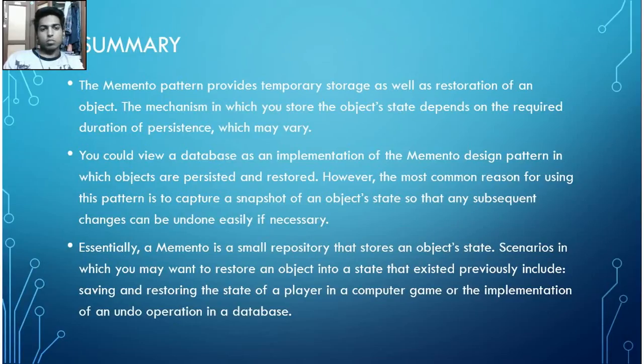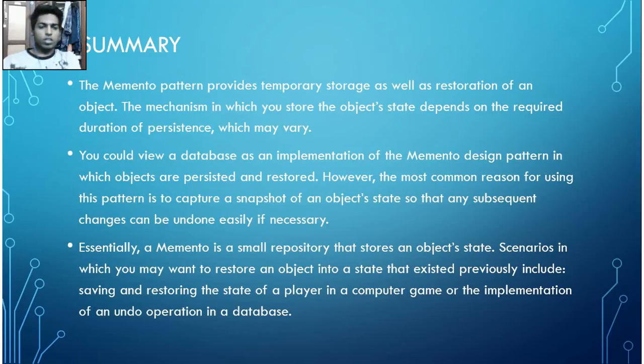The summary says the memento pattern provides temporary storage as well as restoration of an object. The mechanism in which you store an object state depends on the required duration of persistence, which may vary. So persistence talks about for how much time, or what are the variables that affect the storage of state.